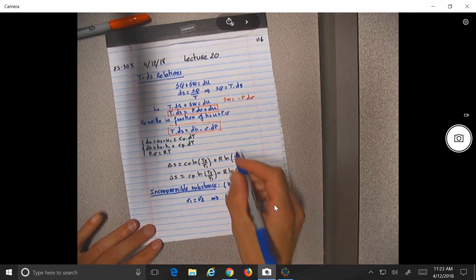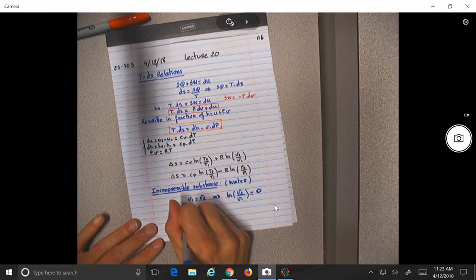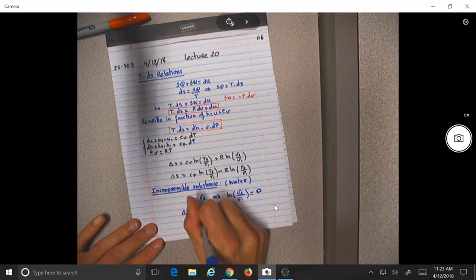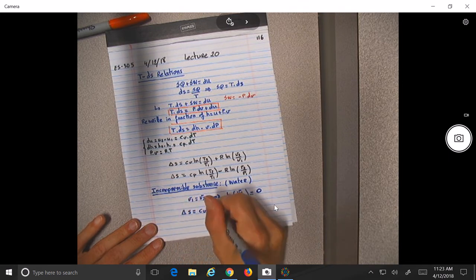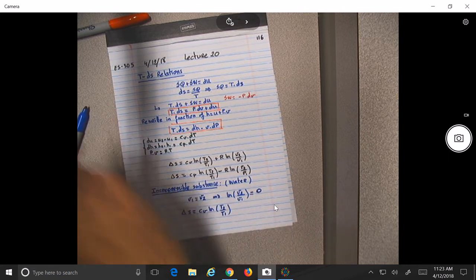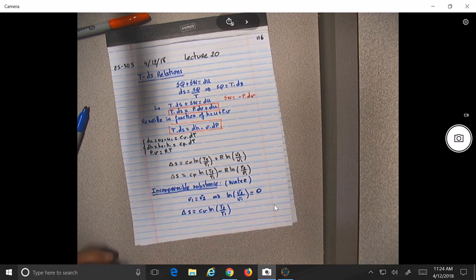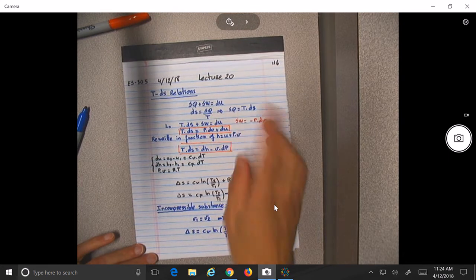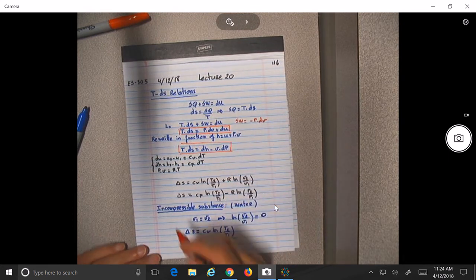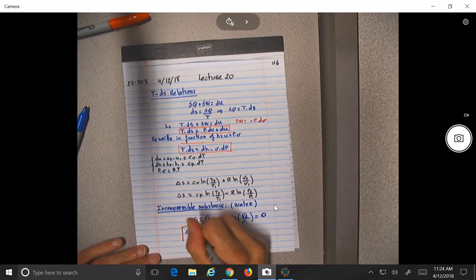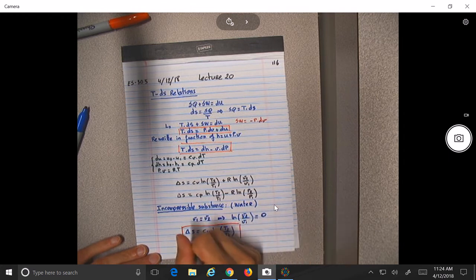So basically for an incompressible substance, the change in entropy is equal to Cv log T2 over T1. But again, you can derive this very easily because if you know it's incompressible, in the derivation you will put dV equal to 0. So I don't want you to memorize this, it's just for the understanding.